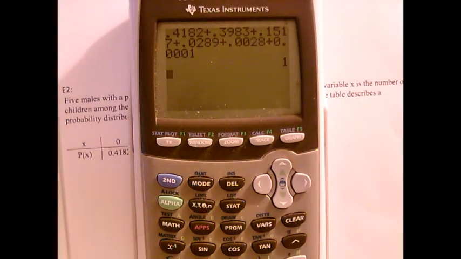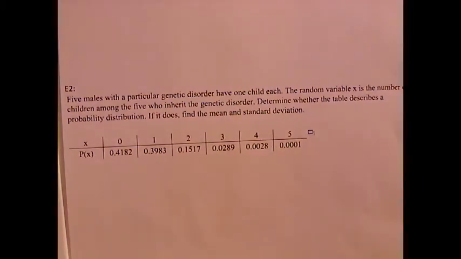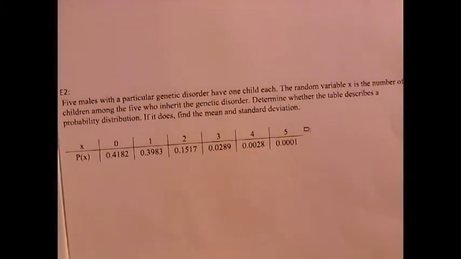And as you can see, I've already added those numbers up and came up with a sum of 1. So requirement number 2 is met. Requirement number 3 is also met as well, because each of those individual probability values are between 0 and 1. So in this case here, I do have a probability distribution because all 3 requirements have been met.